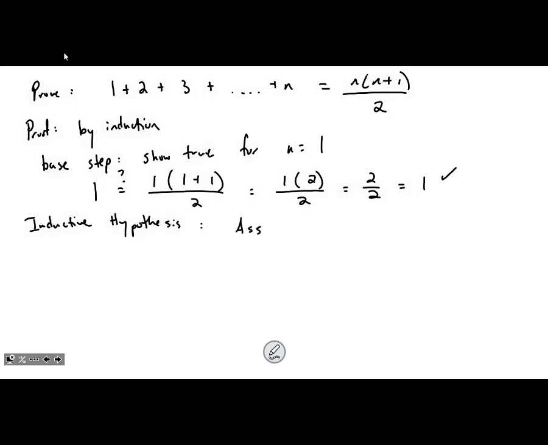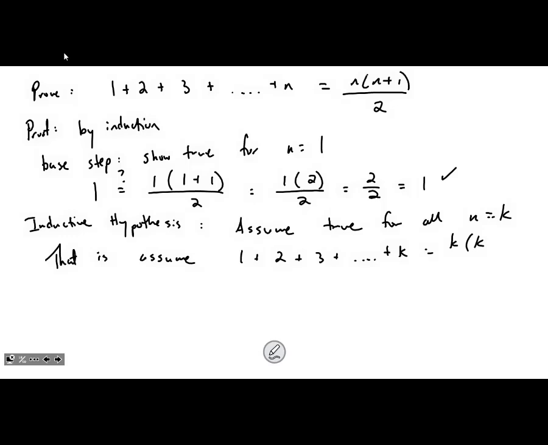We get to assume that this is true for n equals k. That is, assume 1 plus 2 plus 3 all the way out to k is simply k times k plus 1 over 2. This is what we are going to call the inductive hypothesis.